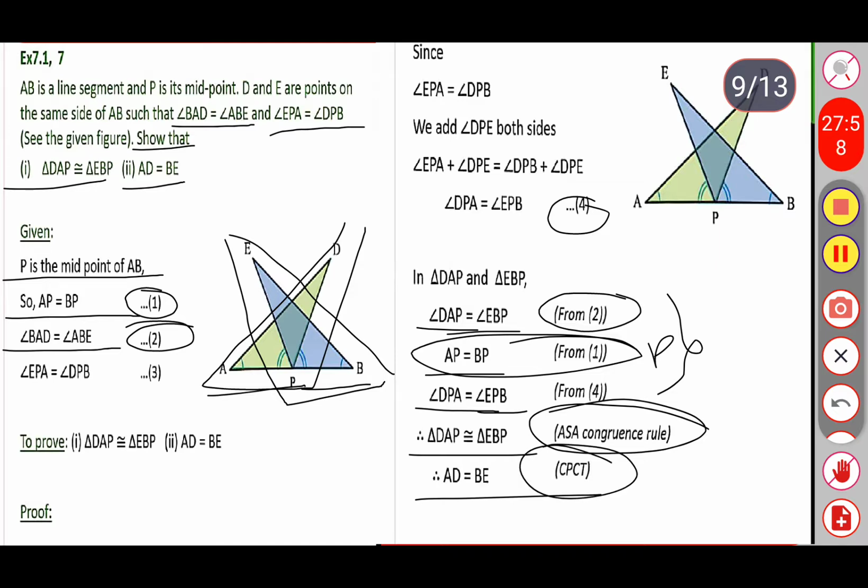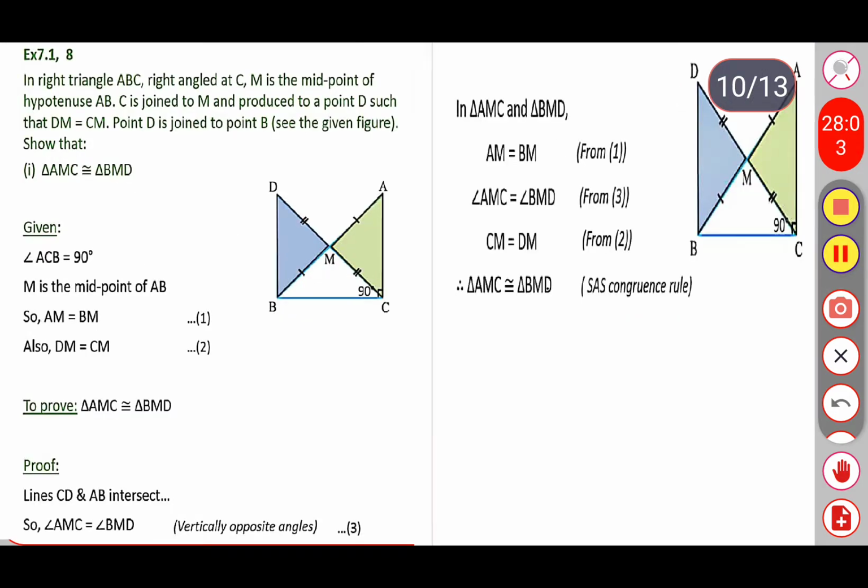Okay, now see the last question. In right angle triangle ABC, right angled at C, M is the midpoint of hypotenuse AB. C is joined to point M and produced to a point D, such that DM is equal to CM.